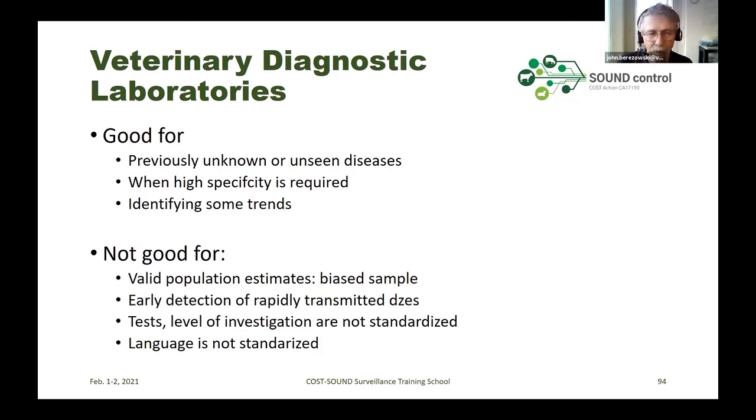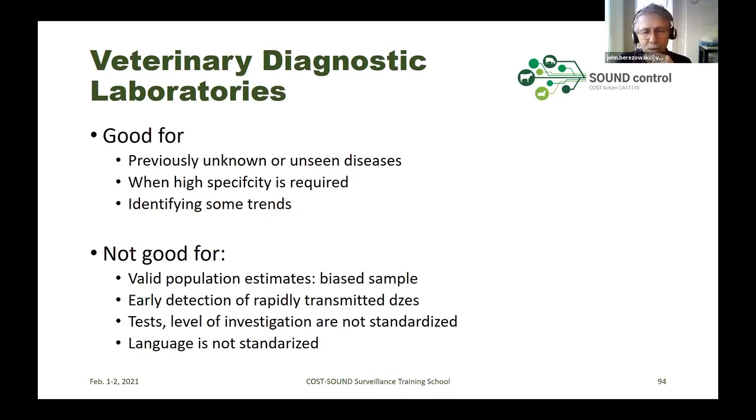We have to be careful about whether the trends we see are due to changing trends in submissions. Often you see these due to government programs where they provide monetary incentives for farmers to submit certain animals. So you have to differentiate between whether it's that or whether it's due to an increase in disease. So you can't do valid population estimates.